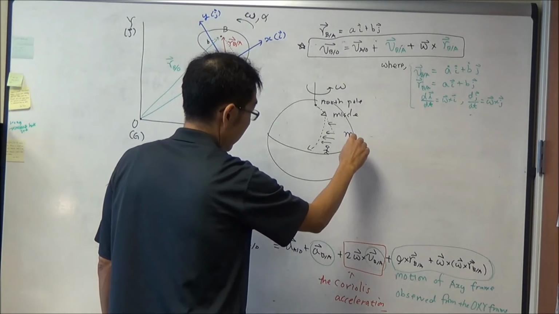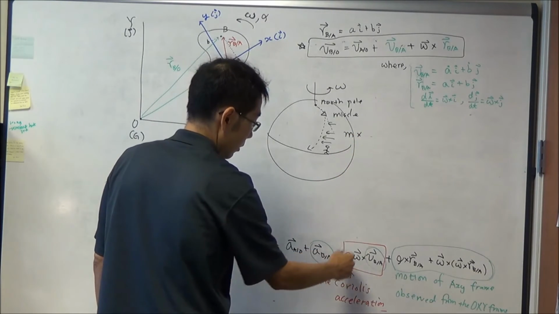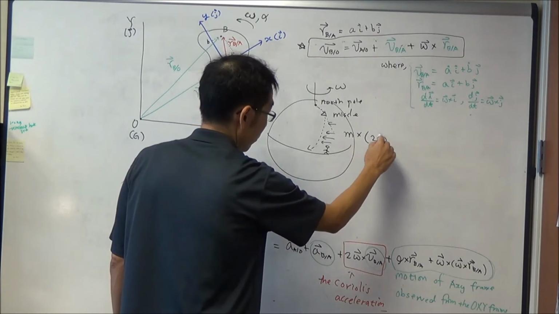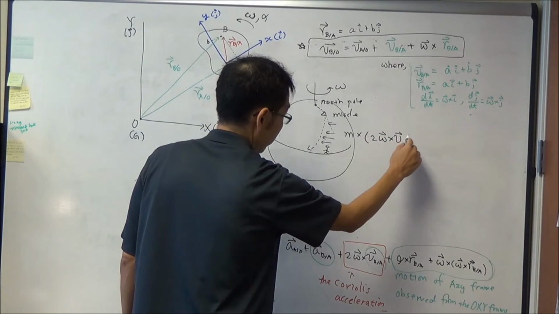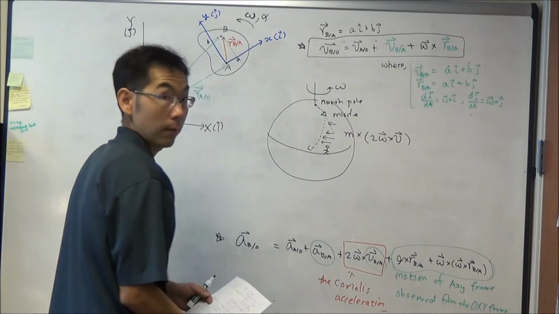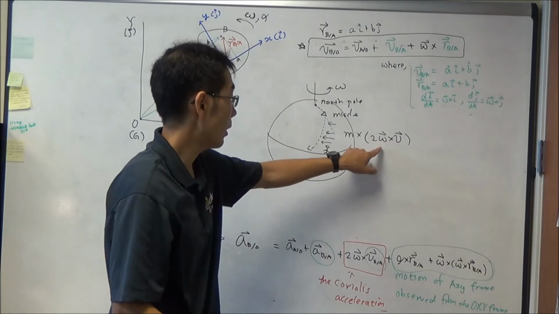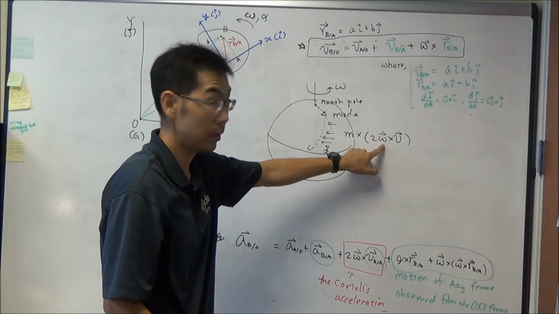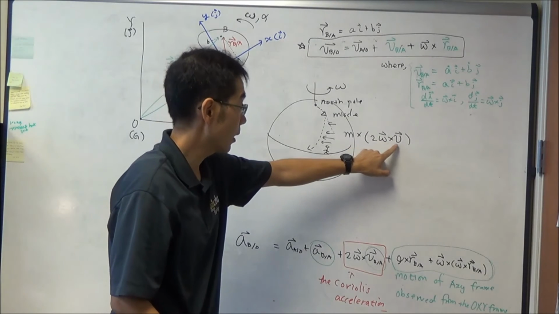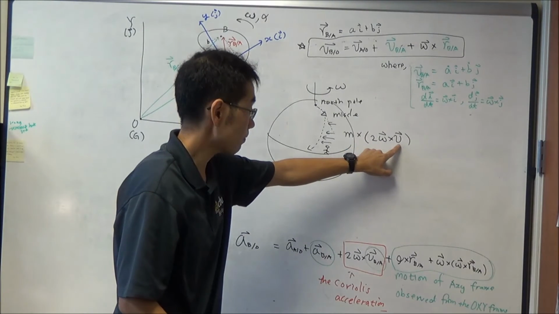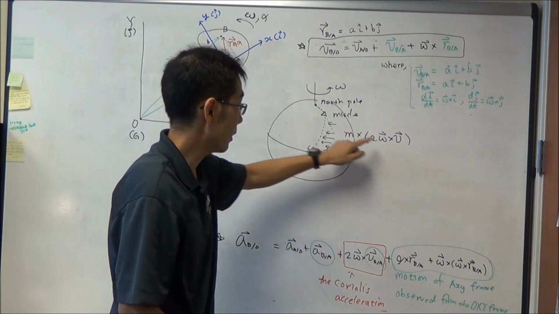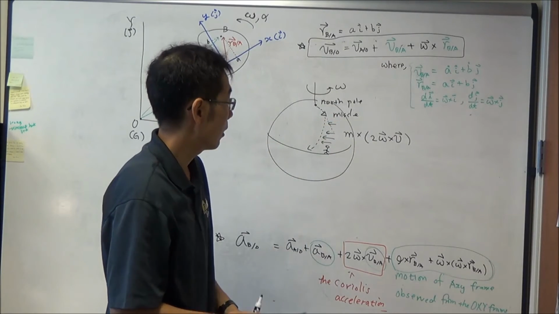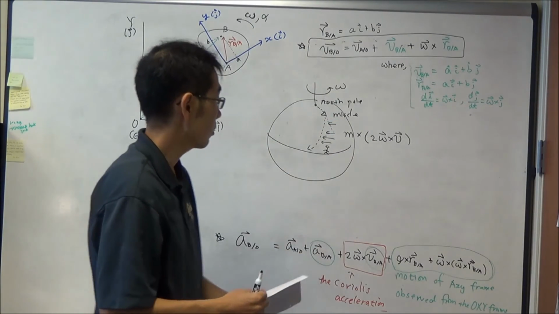So this is mass times acceleration, which is 2 omega and the v of your missile. Okay, so this is omega, the globe's angular velocity, and this is the velocity of the missile. So what's the direction of this one?